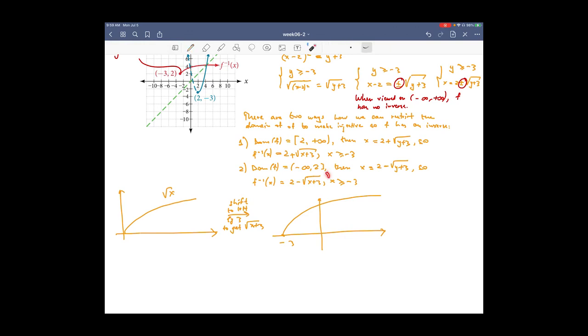To get negative root x plus 3, we reflect, flip about the x-axis, and then finally to get 2 minus root x plus 3, we shift upward by 2 units.